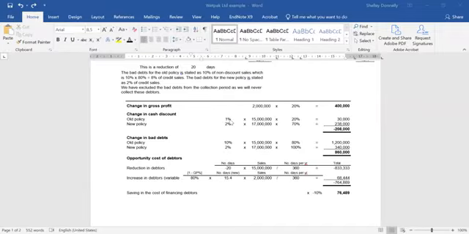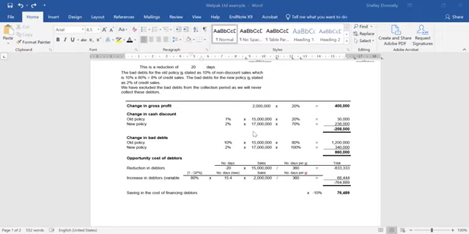So at the moment, 20% of their customers are getting 1% off the sale price. So we go 1% of the 15 million sales times 20%. The cash discount in the old policy costs them 30,000.